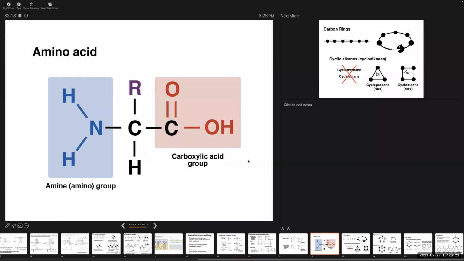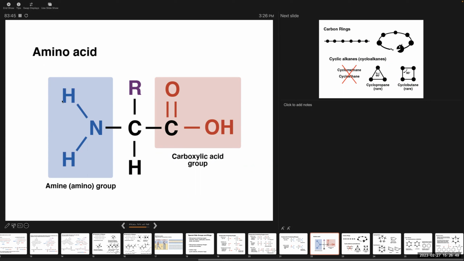You have probably heard of these things, amino acids. Amino acids, of course, are the building blocks of proteins. Almost all of the amino acids have this basic structure. There's one exception that doesn't look exactly like this, but most have this basic structure. You've got a central carbon that's referred to as the alpha carbon.